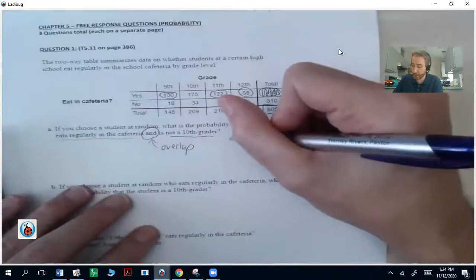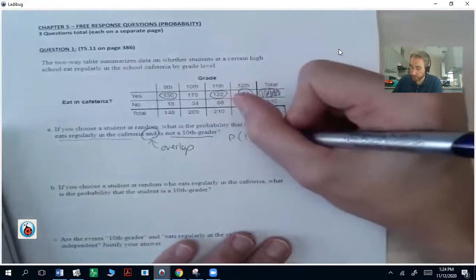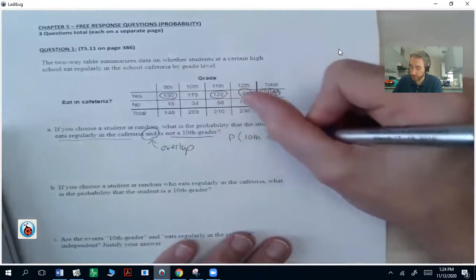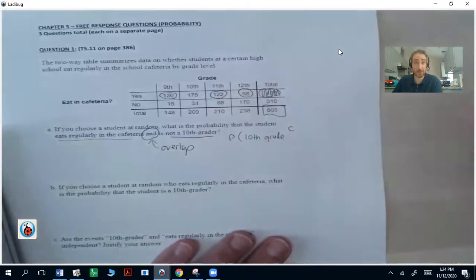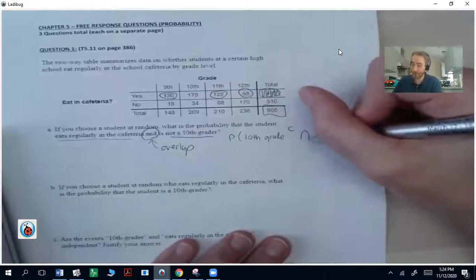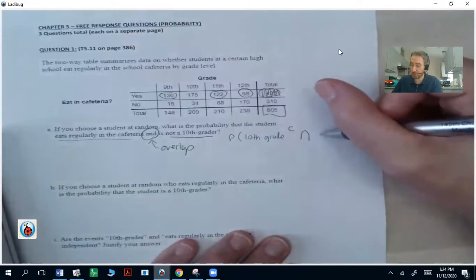So this is the same thing as saying probability of the complement of 10th grade, which is probability of 9th, 11th, and 12th, and yes, probability of cafeteria.